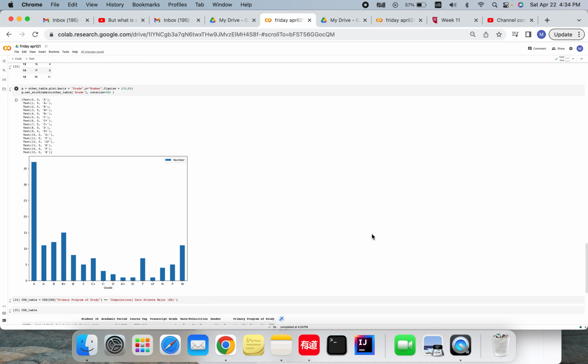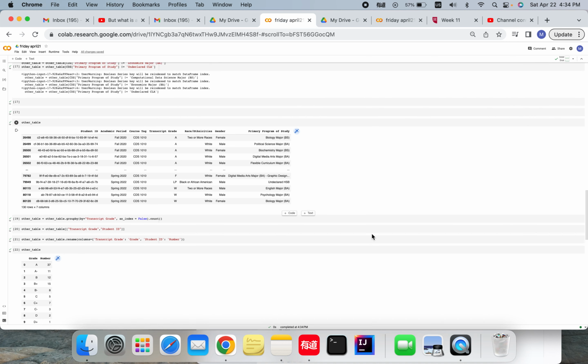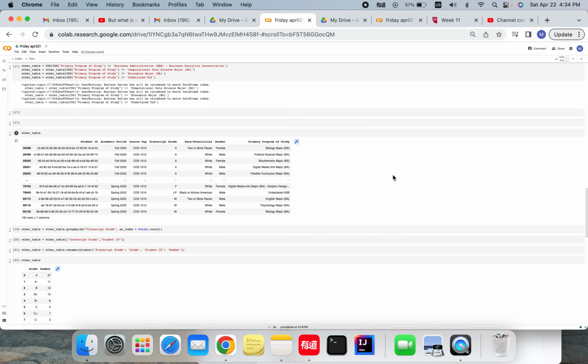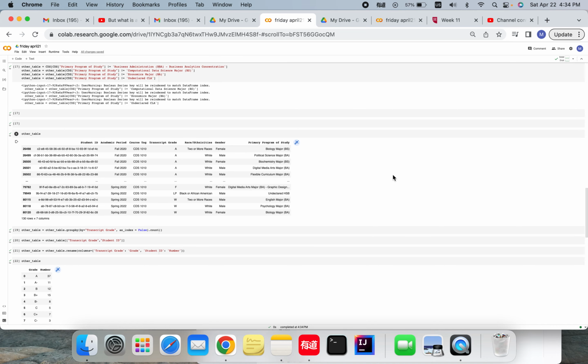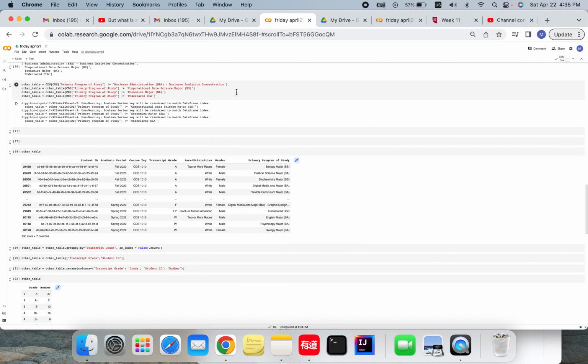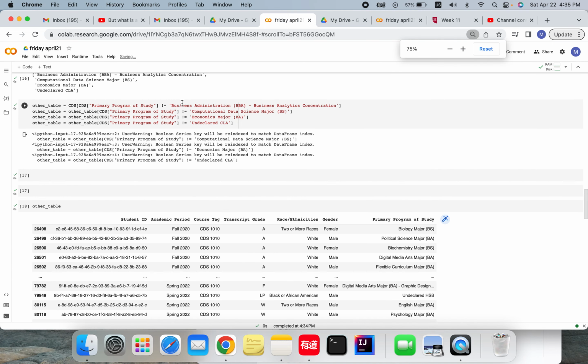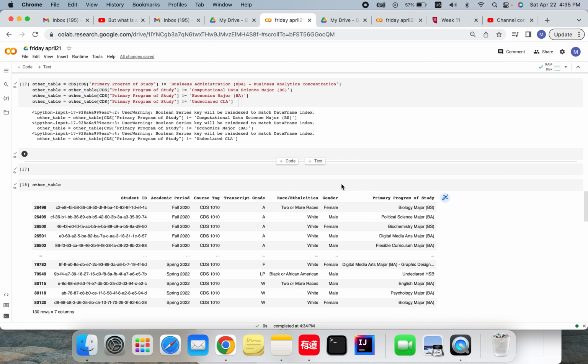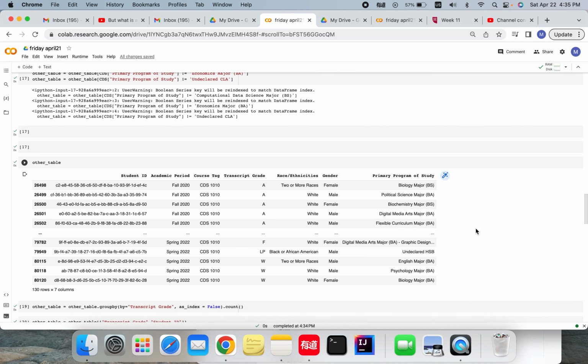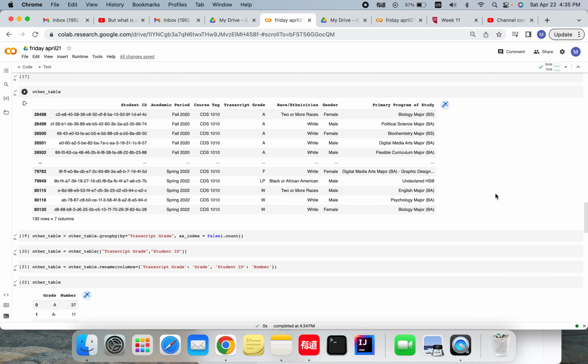After looking over all of that, I decided, other than those 3 big majors, which are business analytics, computational data science, and economics, to look at how other people are doing overall in CDS 1010. So I picked out all of the data.